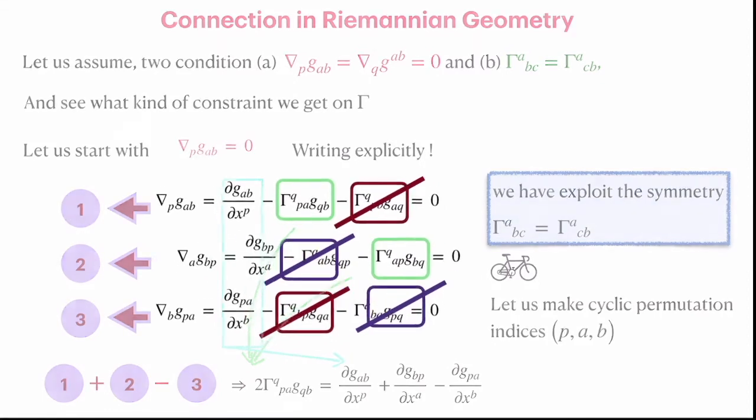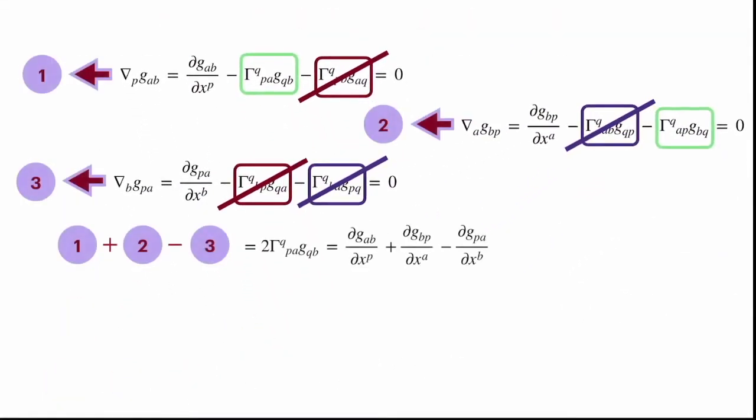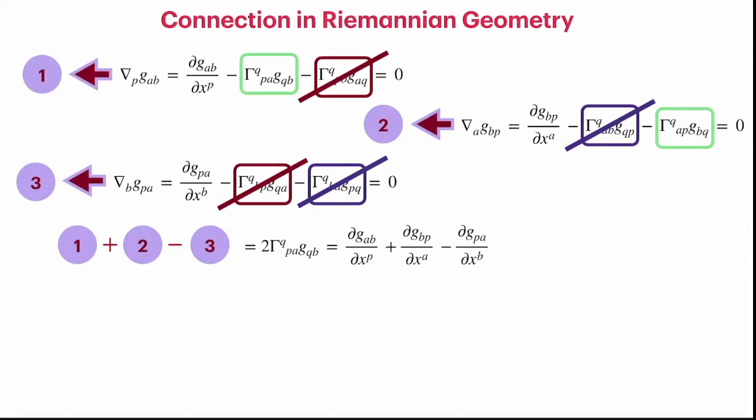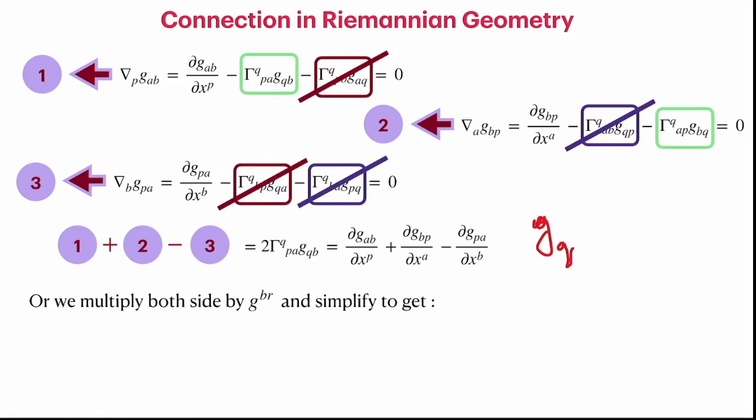Let's go ahead and further simplify this term. We have this condition and this is the result we have got. Let us multiply both sides with G BR so that we get rid of this term. So we get a term like G QB by G BR.